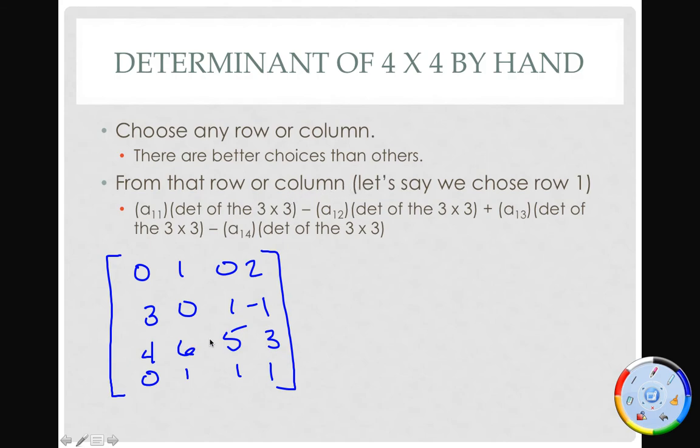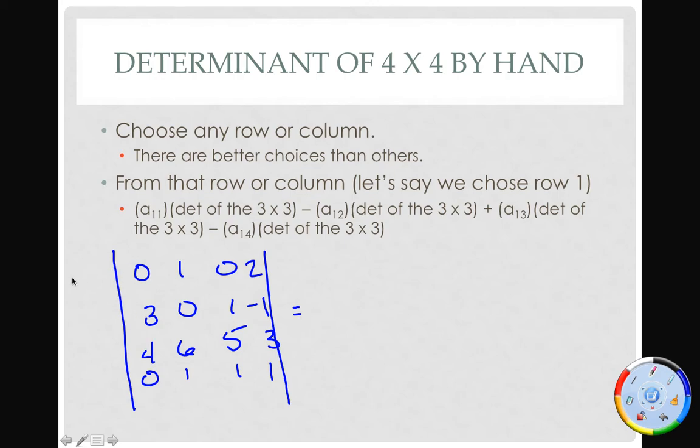I would not choose the row with 4, 6, 5, 3 because that creates a lot more problems, or bigger numbers, I guess. So we're finding the determinant, so I should have done straight bars. But I kind of like the row with 2 zeros and small numbers. You could like this one too with just the ones. Either way, you should get the same answer.